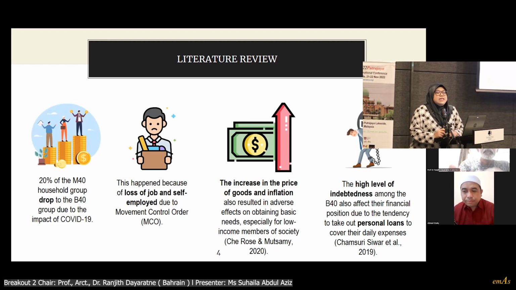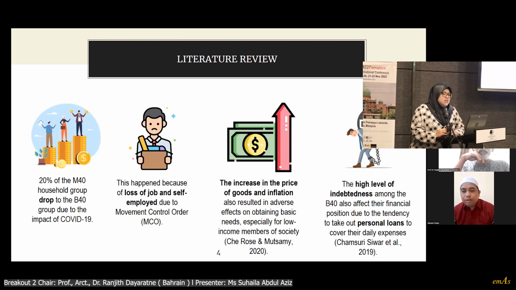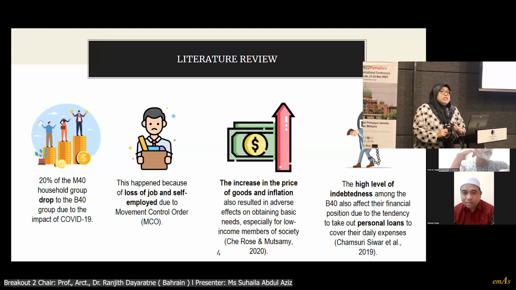Not only that, this also affected the B40 group for other reasons such as the increase in the price of goods and inflation. Due to this, they have problems getting basic needs such as food and other important things they need to sustain their life. All of us, including me, including you, have debts in our life.